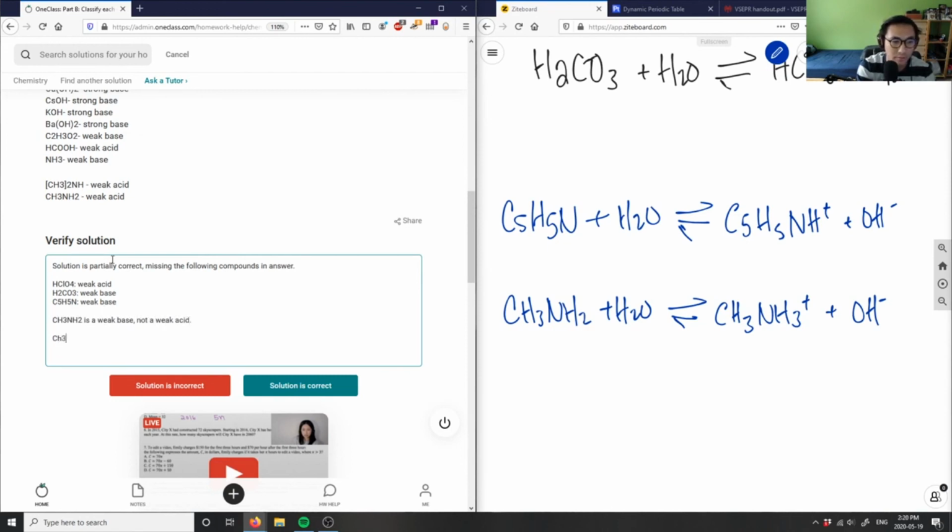I'm going to write down the formula here: CH3NH2 plus H2O is in equilibrium with CH3NH3 plus and OH minus. So therefore CH3NH2 is a weak base.